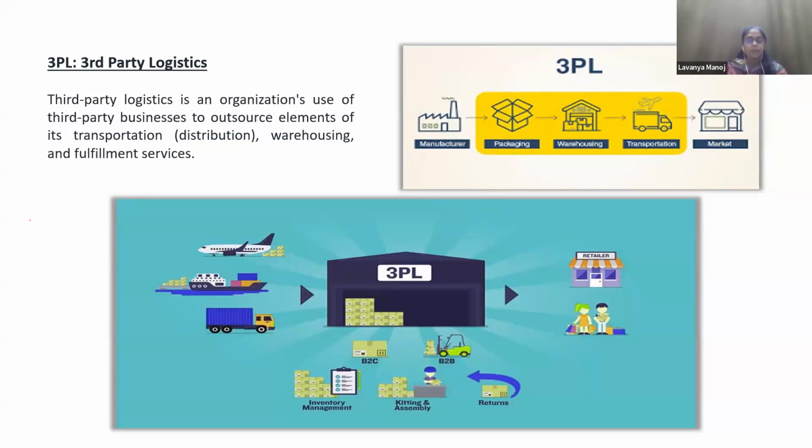Here the company doesn't have its own warehouse, but they have outsourced to a 3PL party who has its own warehouse and own transportation. Clear? So in this case, the agency which takes care of transportation and warehousing for the company is considered the third party logistic provider for the company. Is it clear?